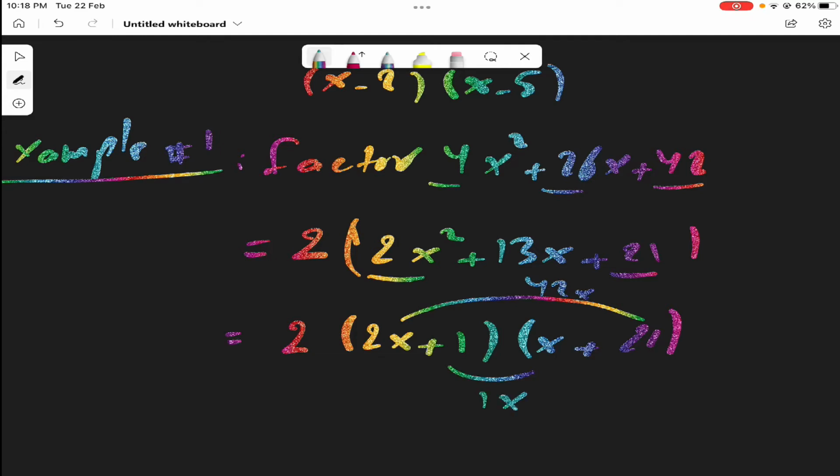If we add 42x and 1x, I get 43x, which is not the middle one. So this choice is wrong.